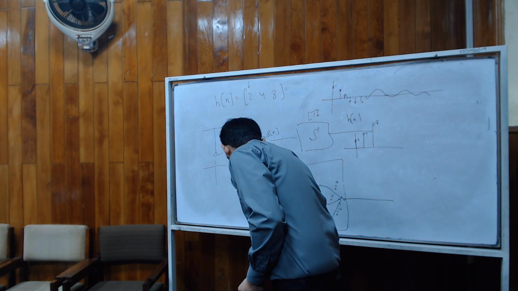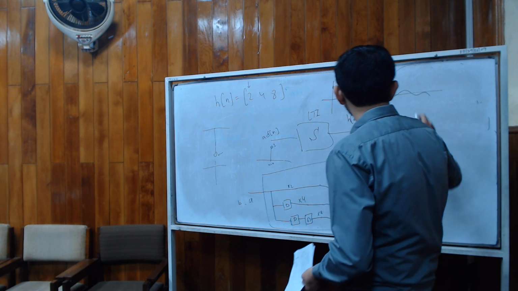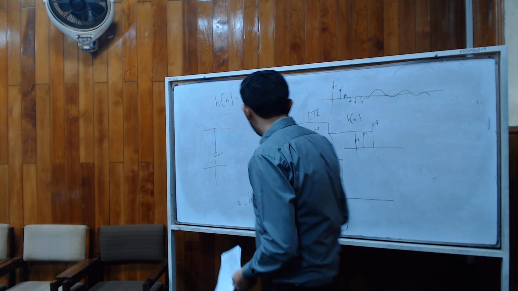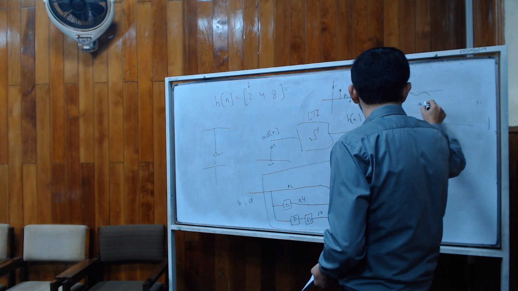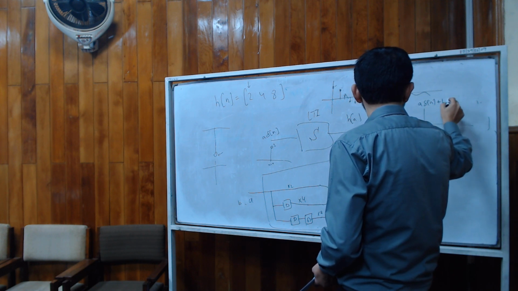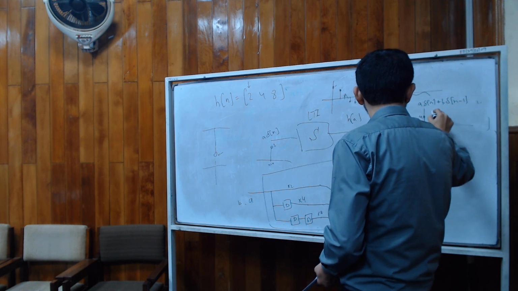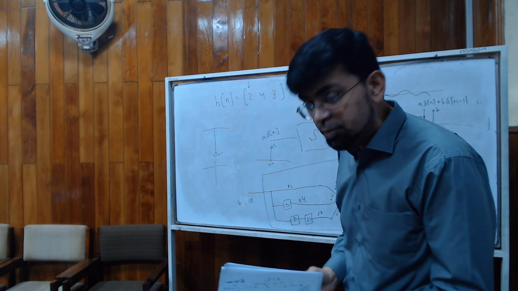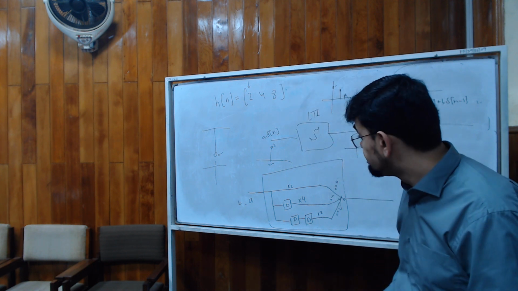मैंने एक a दिया था, उसके साथ में अब एक b भी भेज देता हूँ. So instead of just sending a delta n, I am sending a delta n plus b delta n minus 1, meaning a here and b here. ठीक है? Now what's going to happen?